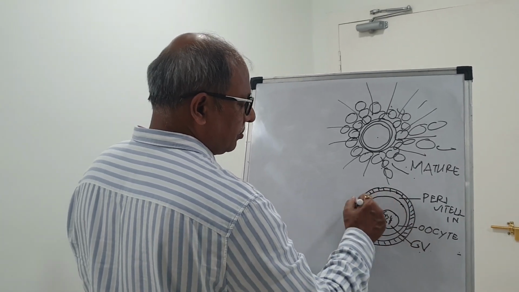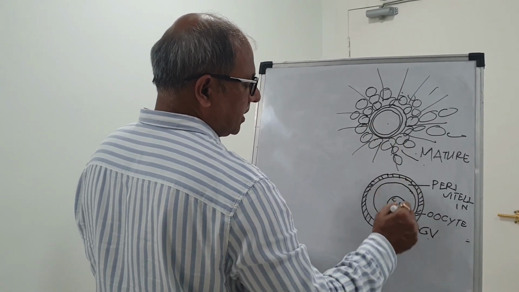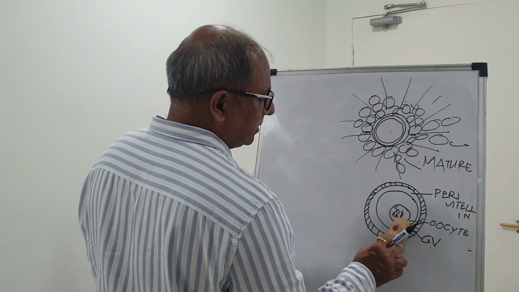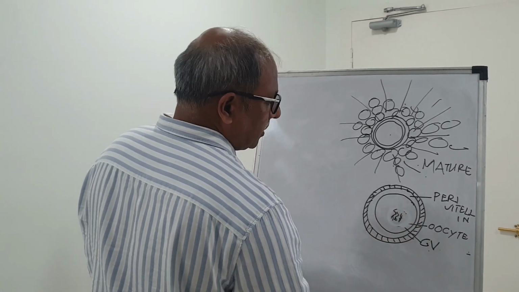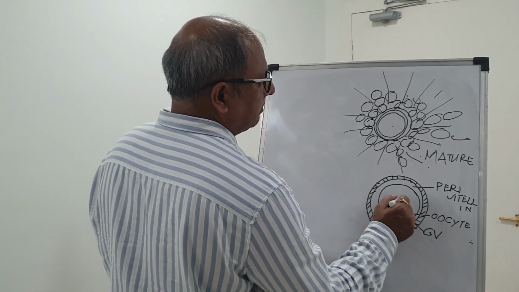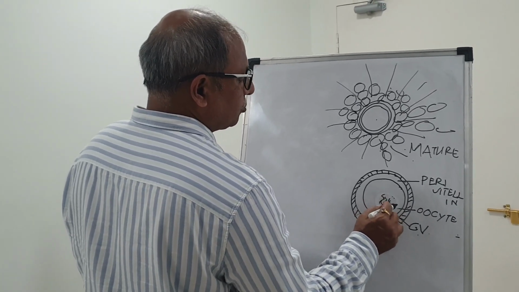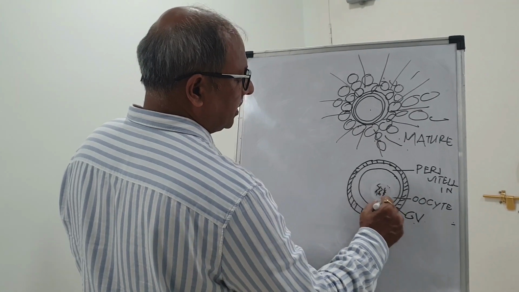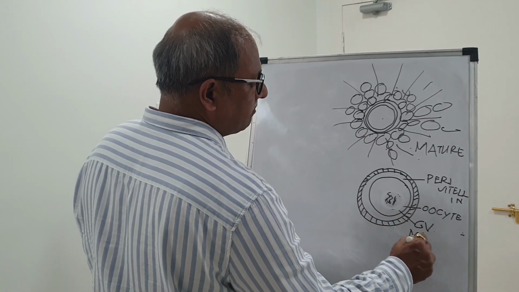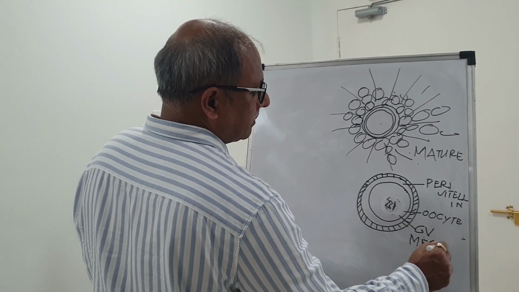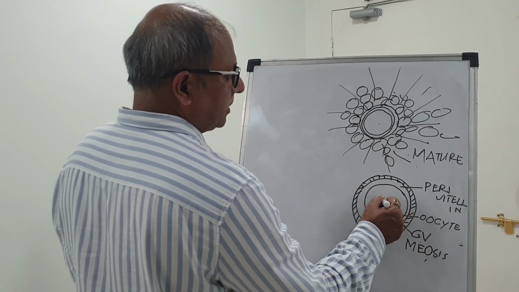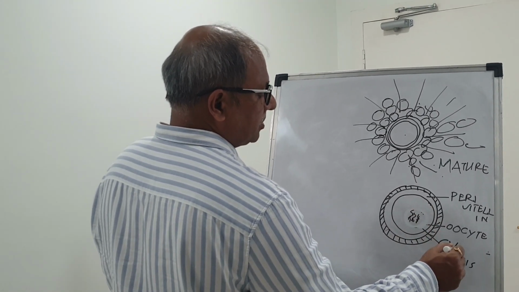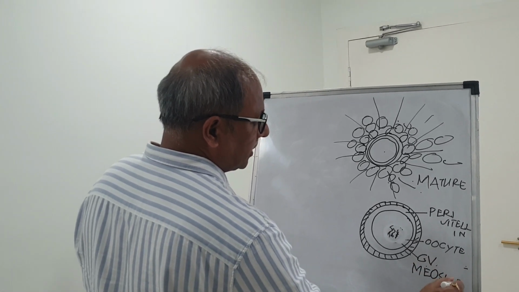Second thing, if you remove this corona and this oocyte does not have this membrane, you cannot see the chromosomes inside, so you will not see a membrane in the meiosis 1 stage, that is M1. So there is a stage where there was a nuclear membrane, which is the germinal vesicle, and this is meiosis 1.